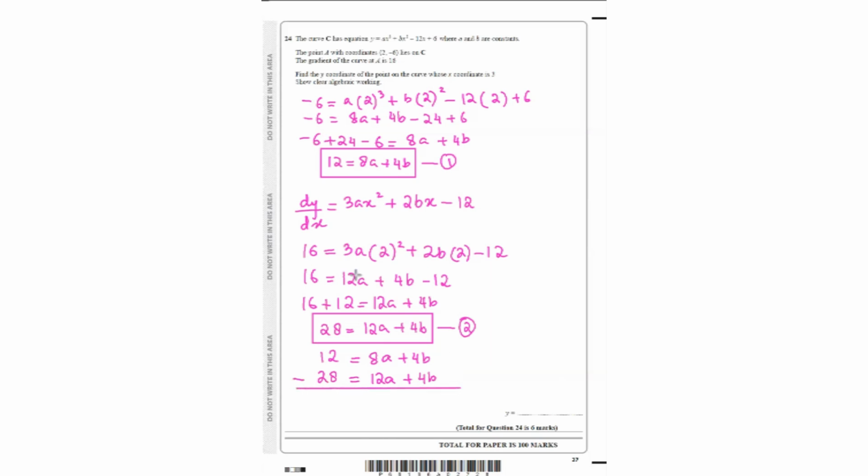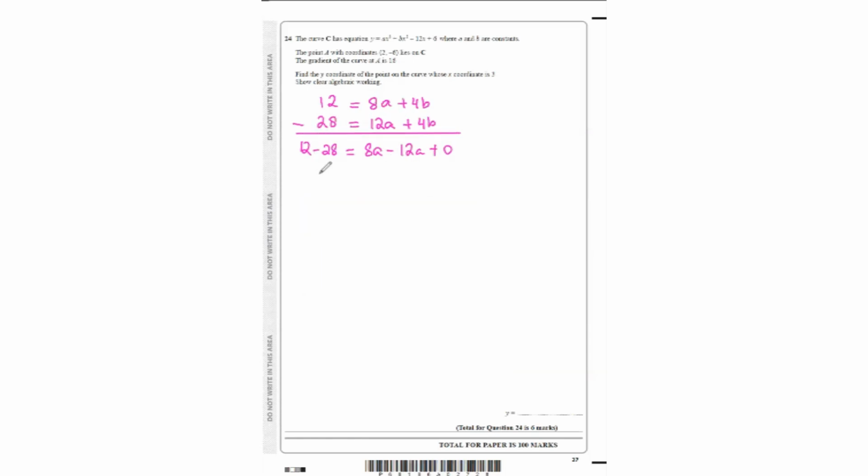So when you subtract the two equations, 12 minus 28 on the left-hand side. Over here, 8a minus 12a, and 4b minus 4b is 0. That's going to give us negative 16 equals negative 4a. Negative 16 divided by negative 4 equals a, which is 4. So that's the value of a. And then for b, we just substitute.